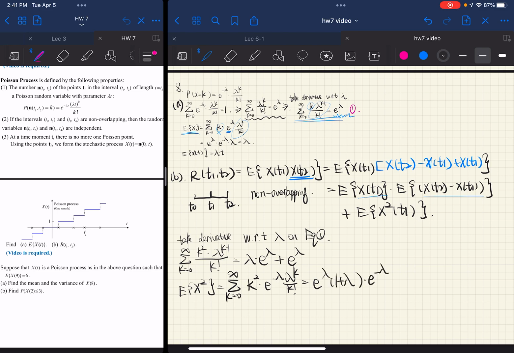Again it should also be multiplied by lambda, and it equals lambda times lambda plus 1. So this is for the random variable X. For the random variable X with respect to t, we get lambda t times lambda t plus 1. And I will make this part smaller.